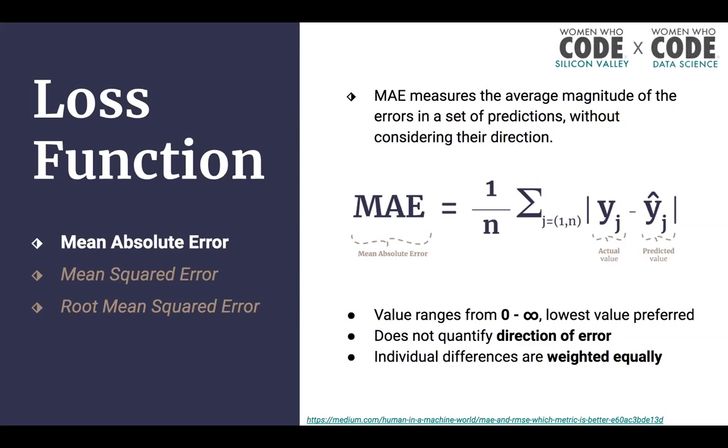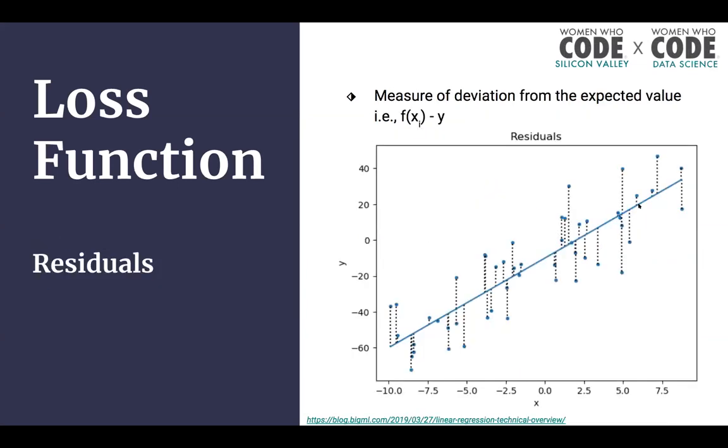Mean absolute error measures the average magnitude of errors in a set of predictions without any consideration of direction. What does that mean? Because we're taking the absolute value, as you see here, you don't know whether your data point lies above or below your line.